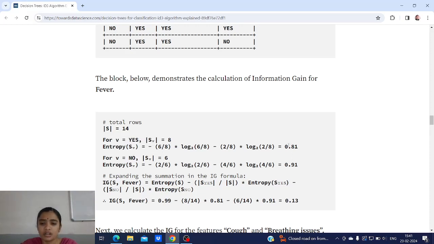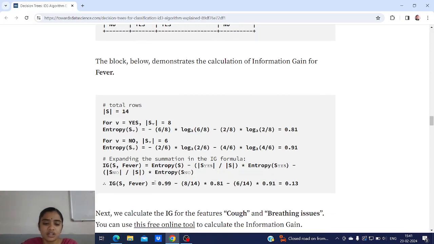So how much value we got? 0.81 and 0.91. Okay, so the total entropy value for the entire data set is 0.99. So 0.99 minus, we have to apply this formula. Finally we got 0.13. So the information gain value is calculated for one attribute in the data set.